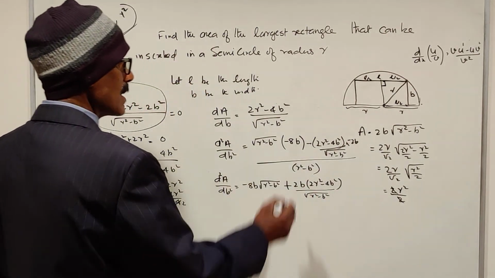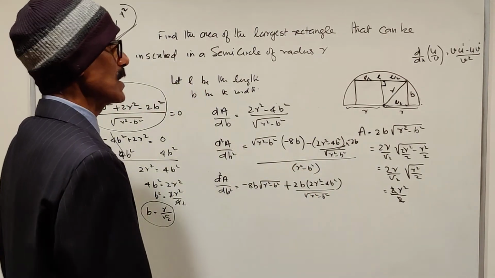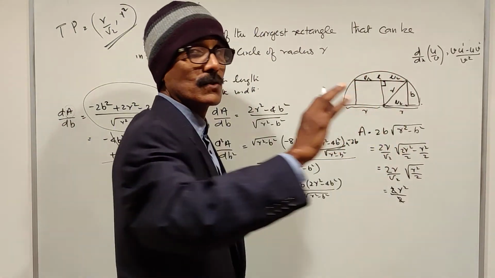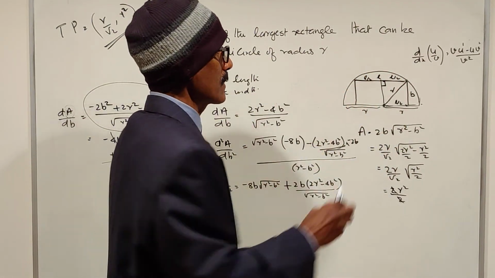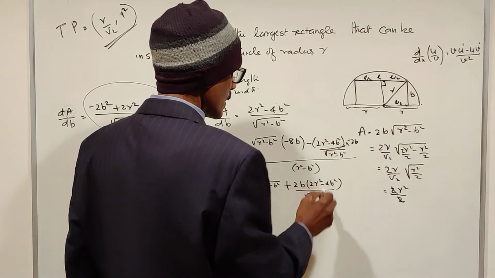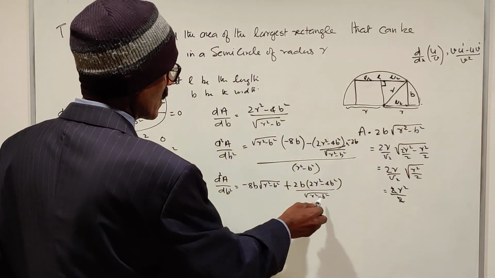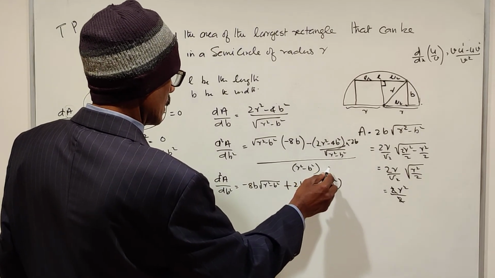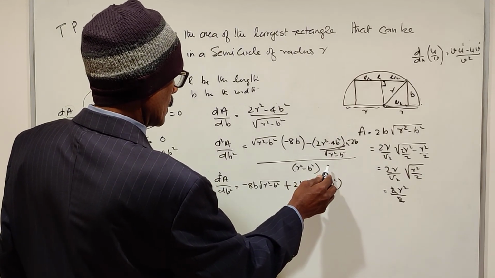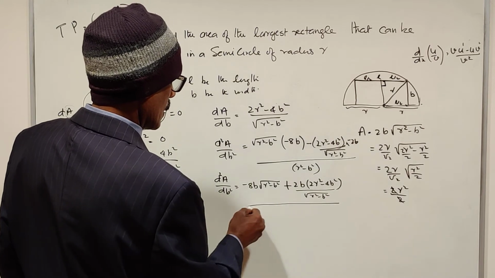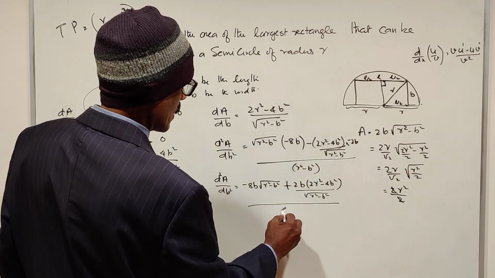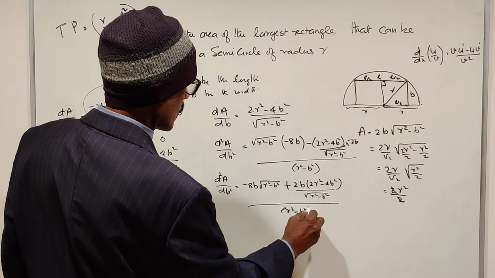Okay, see, r² − b² is a positive number because r is greater than b. R is the hypotenuse. Hypotenuse is always greater than the other two sides. So r is always greater. So this one is a positive number. This is also a positive number, r² − b².